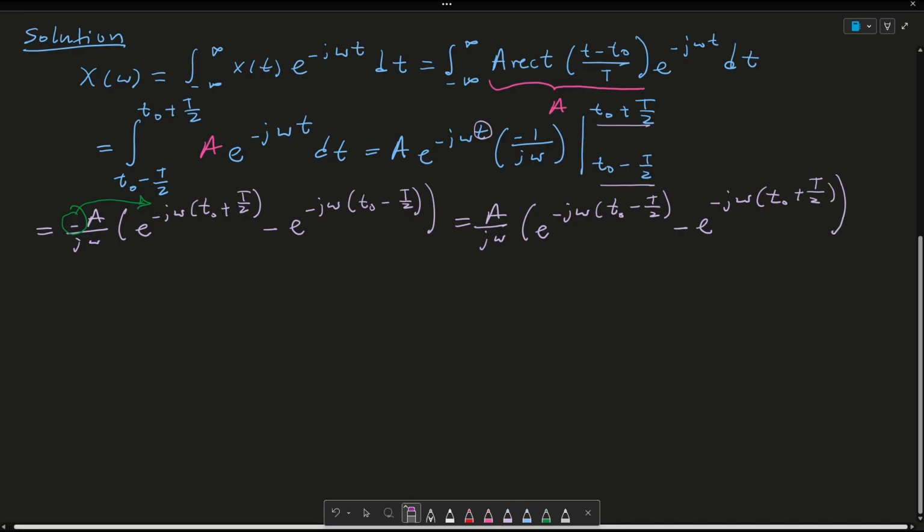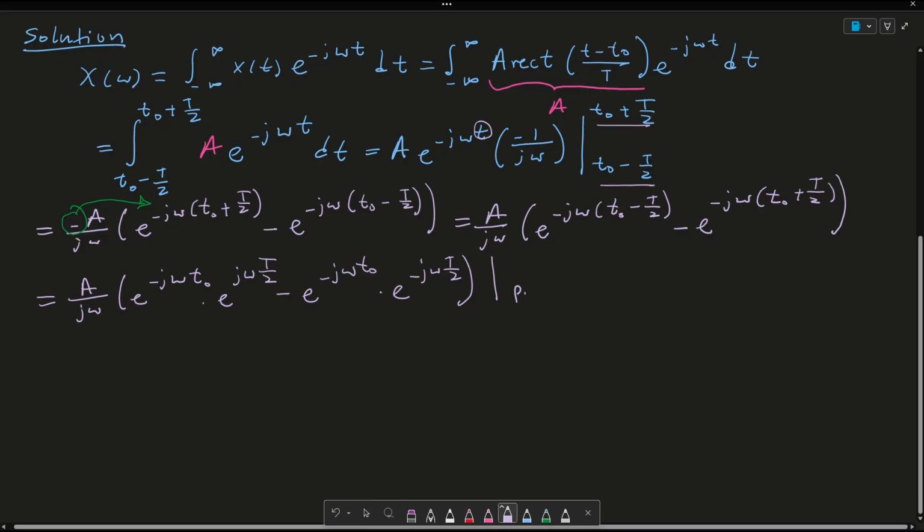So then if I pull out the individual exponential terms, I get that this is equated to A over j omega times e to the minus j omega t naught times e to the j omega T over 2 minus e to the minus j omega t naught times e to the minus j omega T over 2, where in this case I can pull out an e to the minus j omega t naught.